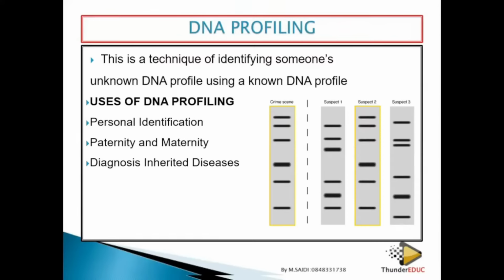So with diagnosis of inherited disease, sometimes we can even find a cure for those diseases. Then another one is criminal identification. For example, on the crime scene, they take the samples which are there, compare them to the person they are suspecting, and then we find the person who did the crime.